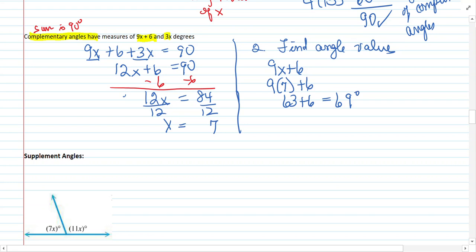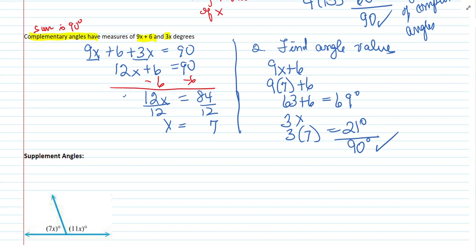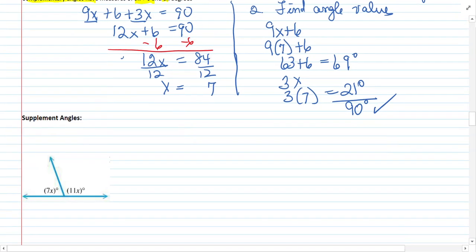My second angle is 3 times x. So it's 3 times 7, 21 degrees. If I add them up, I get 90 degrees, and that is true. Is everybody comfortable? All right. Anything difficult, stop the video and look at it again. I'm trying not to go fast because that's a tendency of mine.